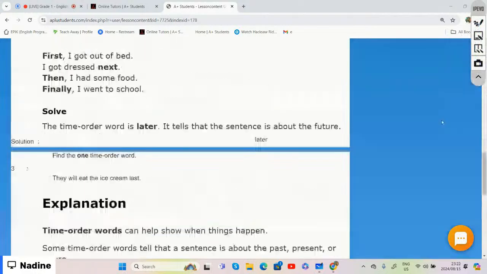All right. It's the last one, and then we're going to our test. They will eat the ice cream last. We need to choose a one time order word.